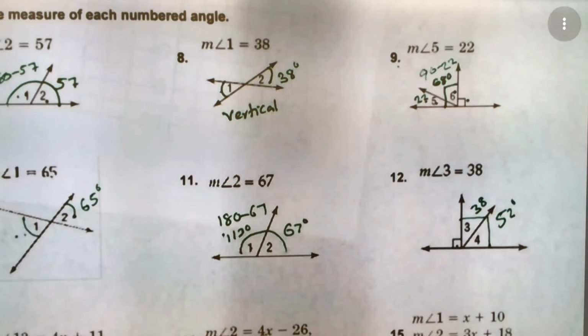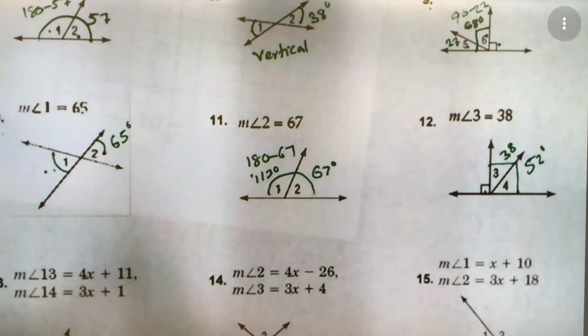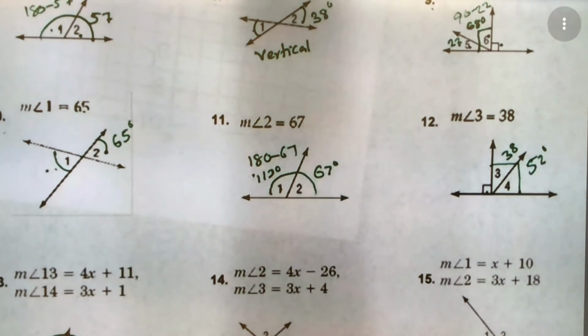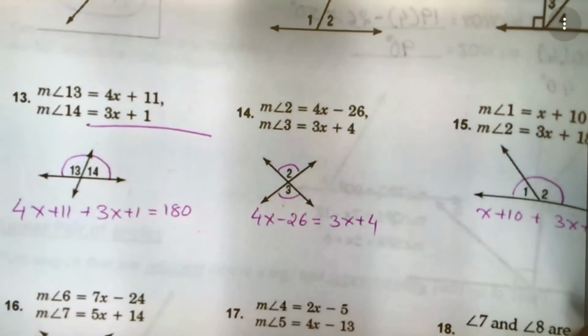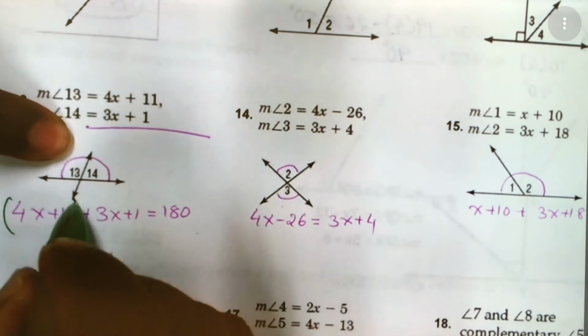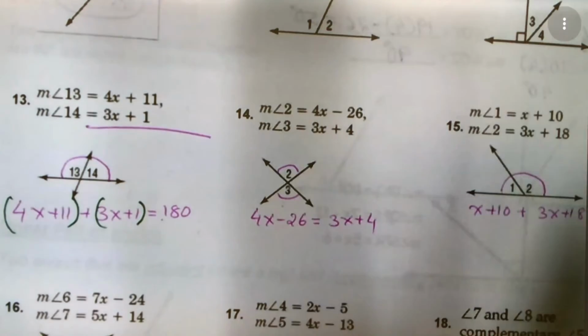So the next question, we have an algebraic expression here. You can see that angles 13 and 14 are a linear pair, so they add up to 180, and we can write the equation like this: angle 13, 4x plus 11, plus the second angle, 3x plus 1, is 180.